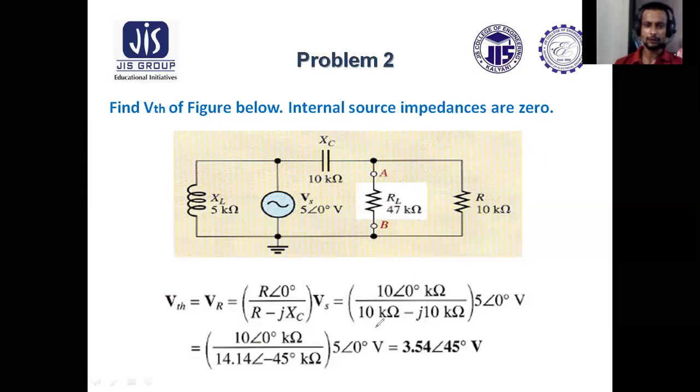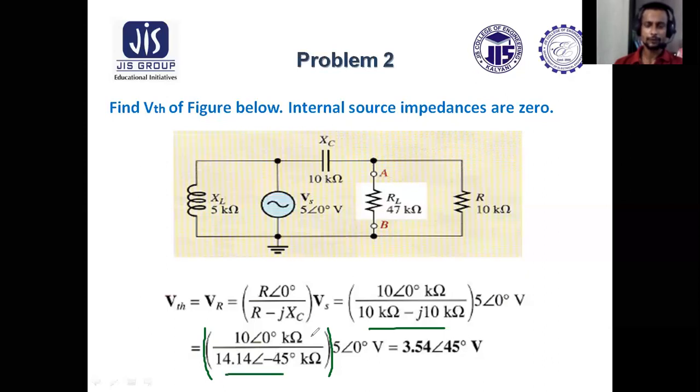Now simple calculation is involved here. This is in which form? This is in rectangular form. But as we will be performing division operation here, we have to convert 10 minus j10 into polar form. So we have converted into polar form.